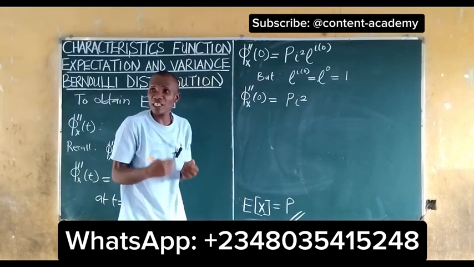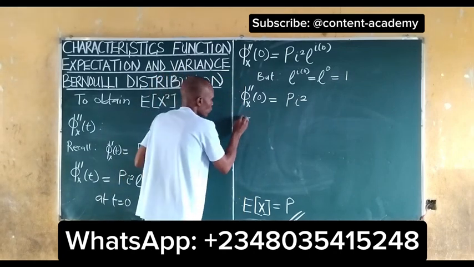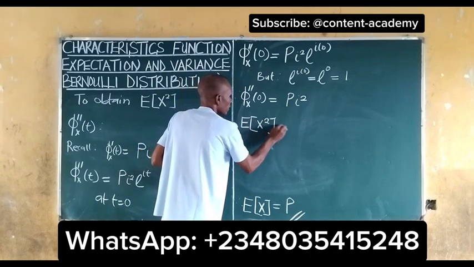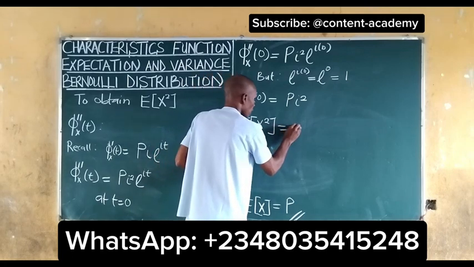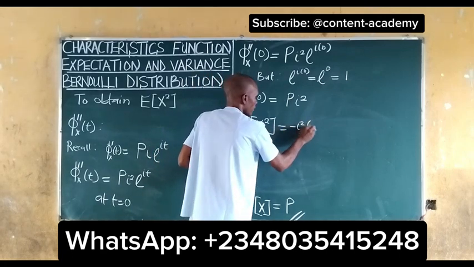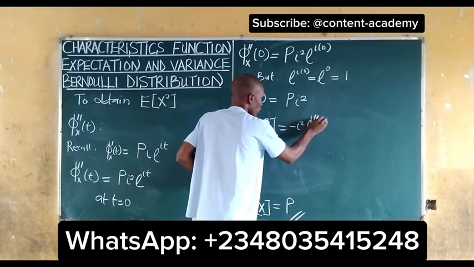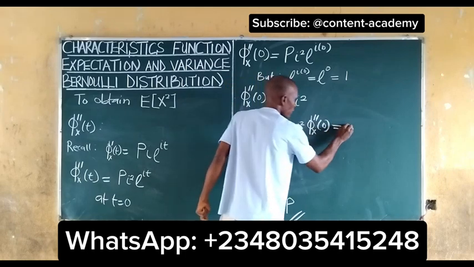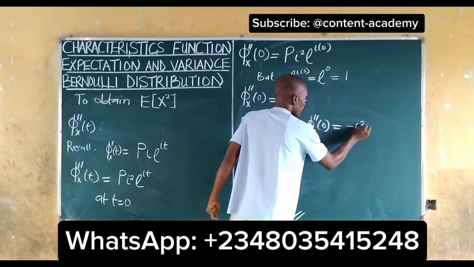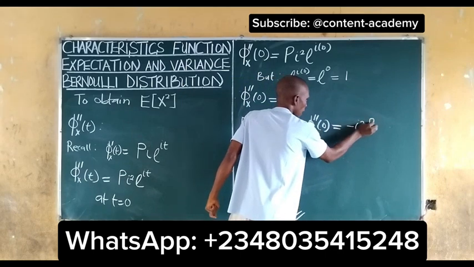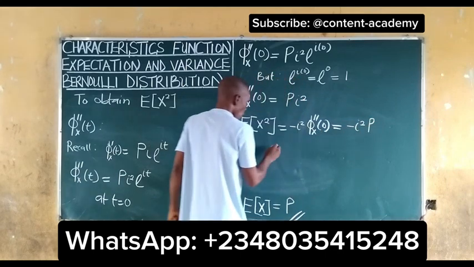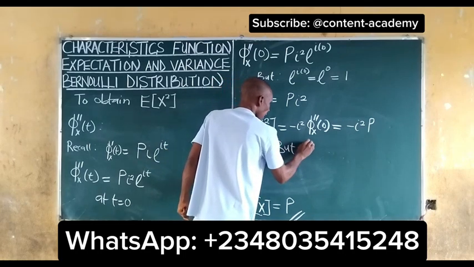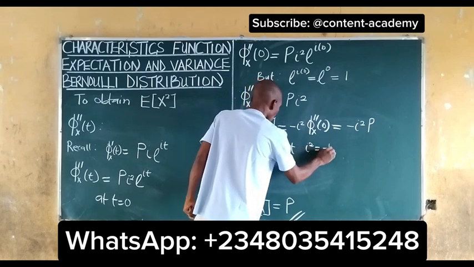Now we can write the expected value of x squared. So the expected value of x squared is equal to negative i squared times our second derivative of the characteristic function, which is equal to, because of this negative sign, negative i squared and p. Of course, we should recall that i squared is equal to negative 1.